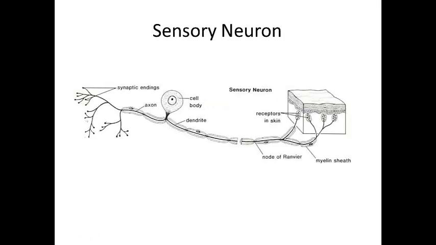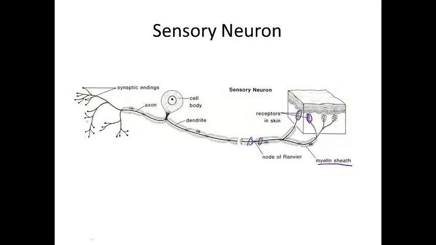Here's a diagram of a sensory neuron. So the same example we used before, we've got receptor cells in the skin. And then notice that wrapped around the axon here, we have a myelin sheath.